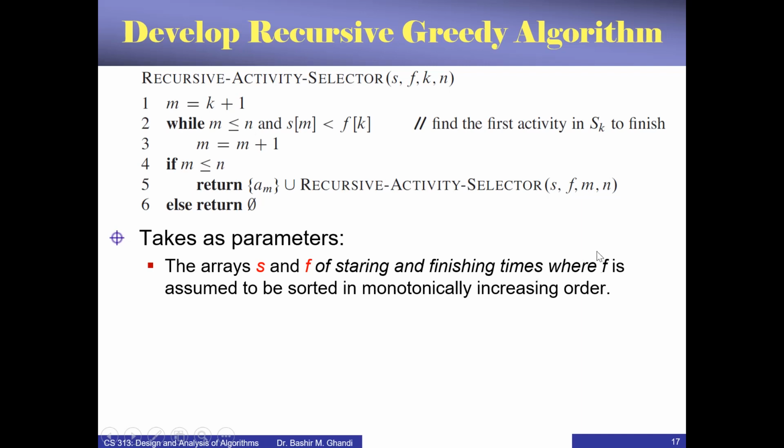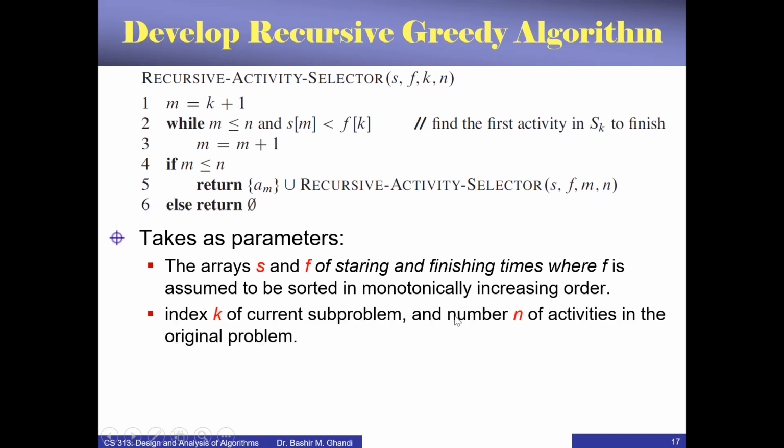Here we are assuming that the times in F are sorted in monotonically increasing order. The parameter K is the index of the current subproblem, and the number N is the total number of activities in the subproblem.